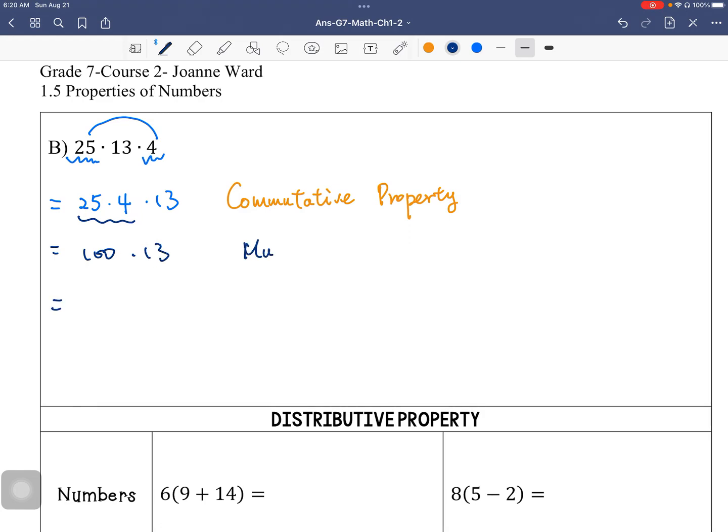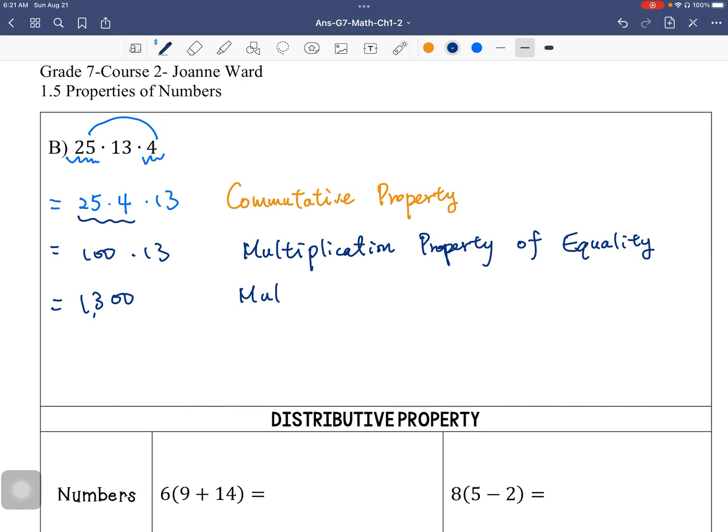This is multiplication property of equality. So this is 1,300. This is also multiplication property of equality. This means that it's the same like this.